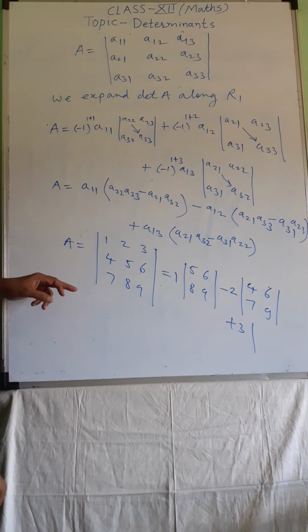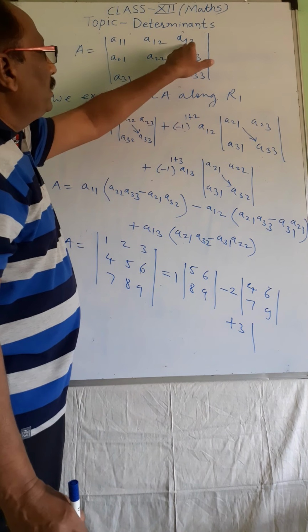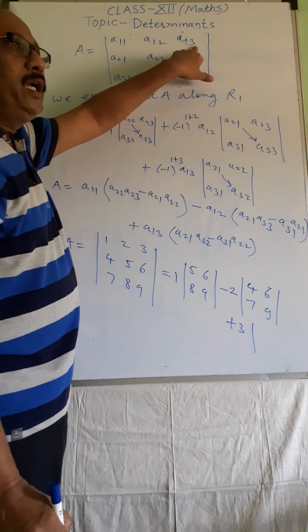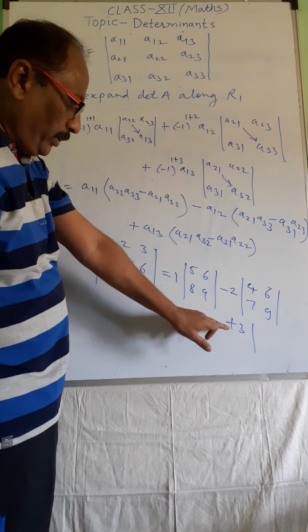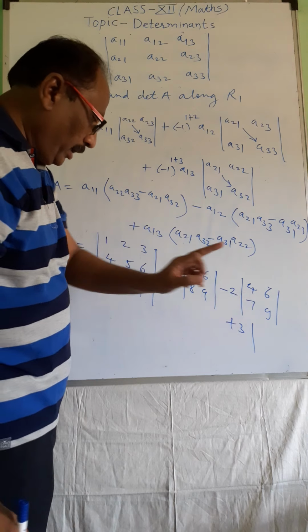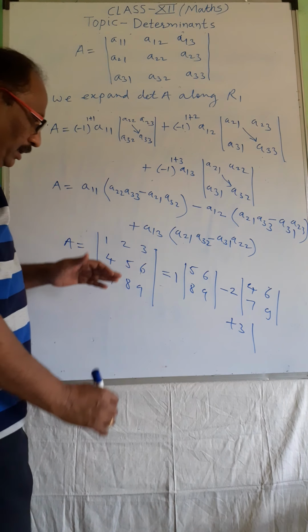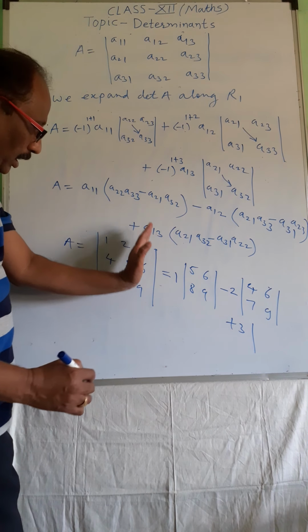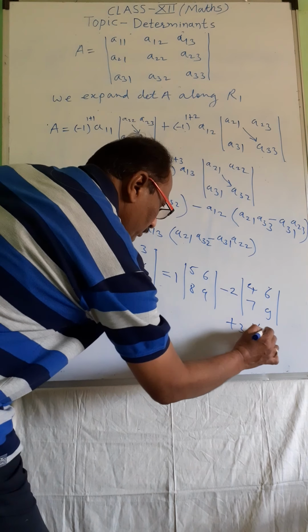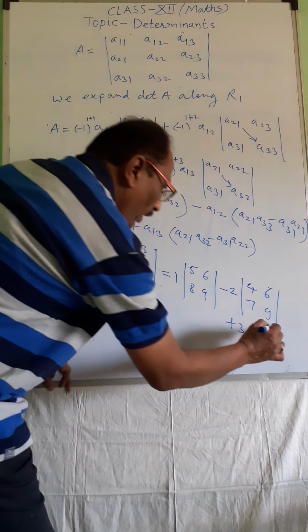Then third, plus 3 into determinant. Plus 3 means A13, minus 1 raised to power 4 will be positive, therefore I have taken plus, then 3, the element itself. Then delete first row and third column, that is 4 5, 7 8.